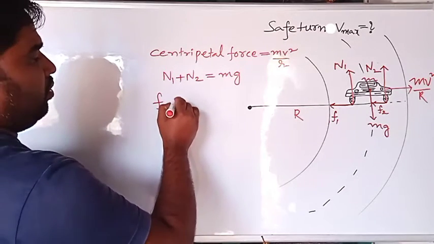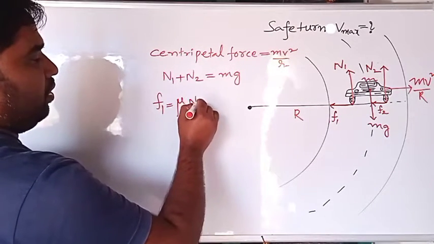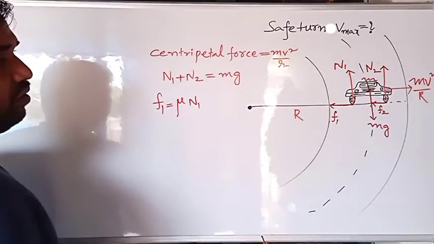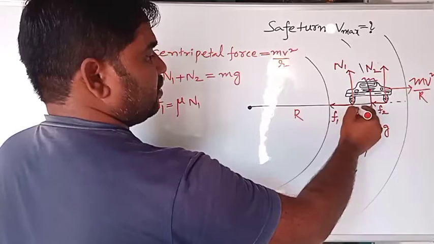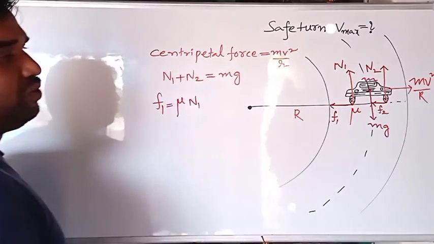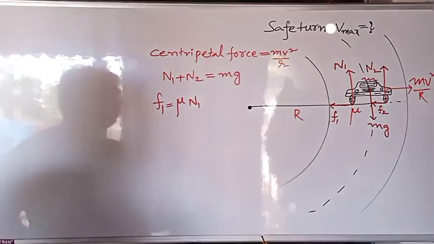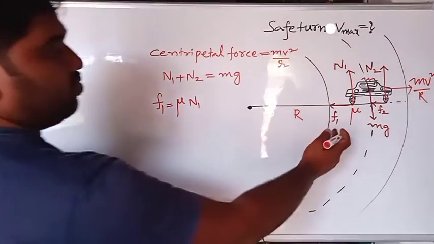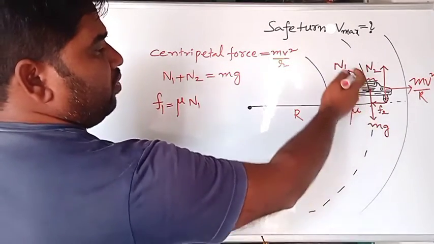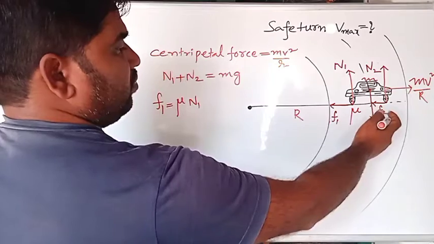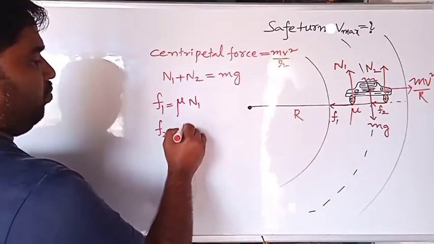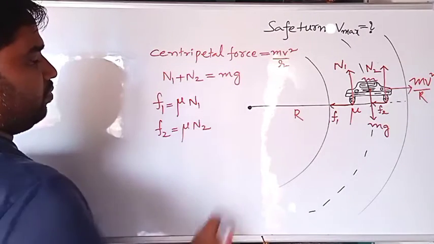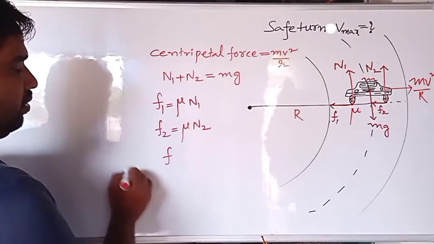Here F1 is mu into N1. Here mu is the coefficient of friction between the tire and the road, mu. And for F2 also, frictional force F2 is mu N2. What is the total frictional force?